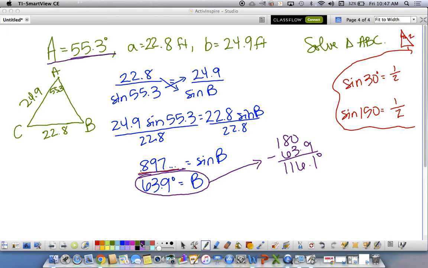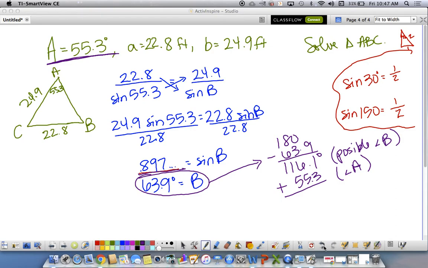Looking back now to angle A, I'm going to write possible angle B and add it to angle A. Now angle A can't change, because angle A was given to you. But I'm going to add angle A to the supplementary angle.